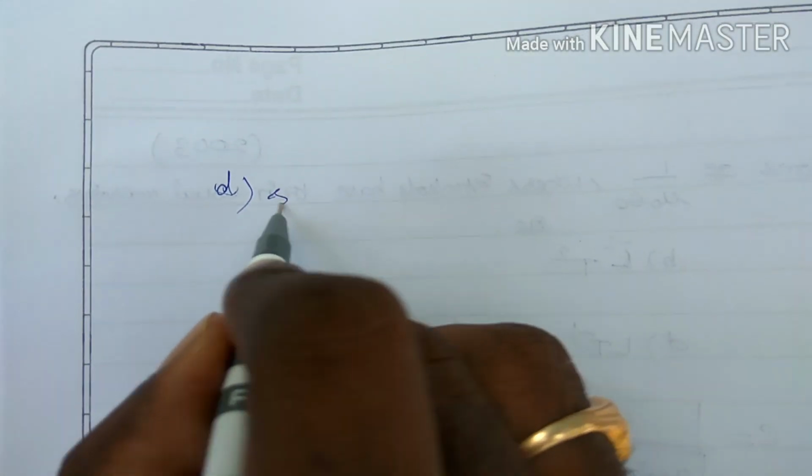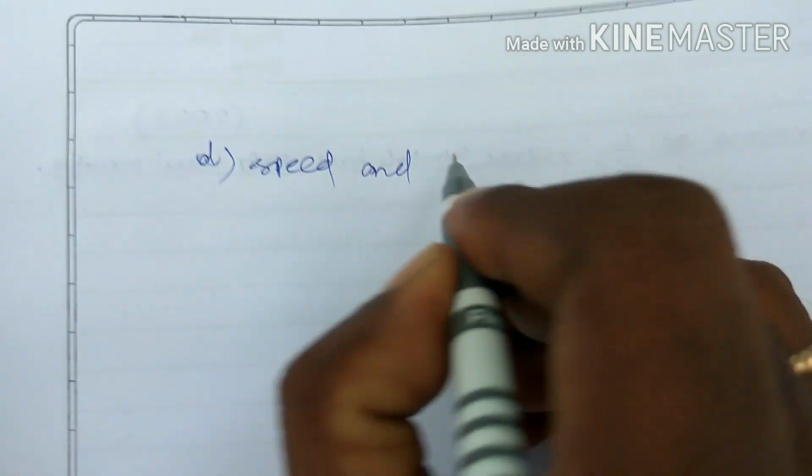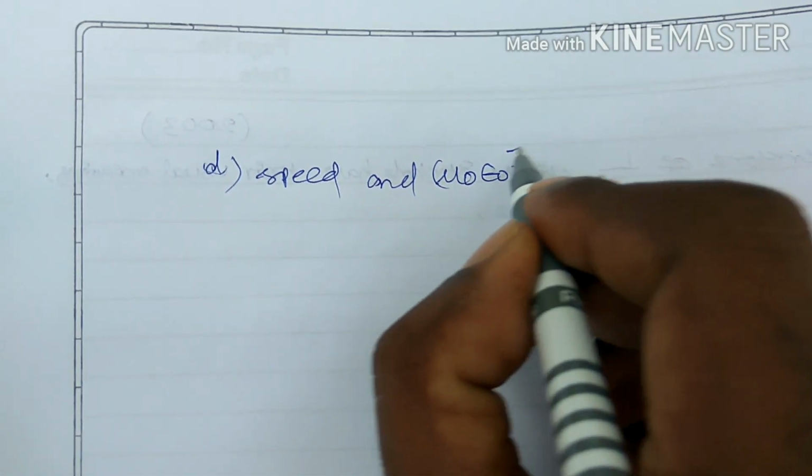And coming to speed and (mu naught epsilon naught) to the power minus 1 by 2.